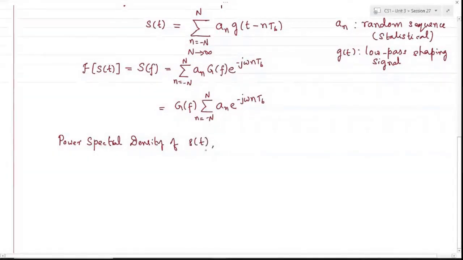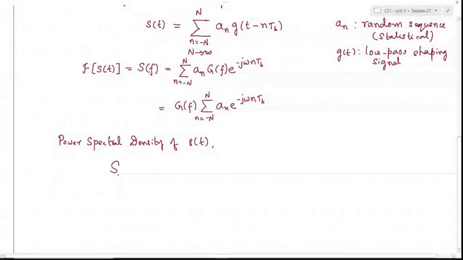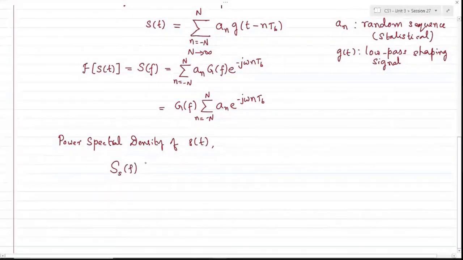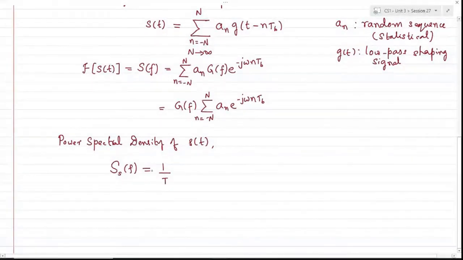Okay, so that means that this is the Fourier transform. If you take the density of this, that would give you the power spectral density. So this is a spectrum of it. If I take the density, that can be represented as S suffix s of f, which represents the spectral density, which is nothing but 1 over T, where T is the overall time period of the input sequence.